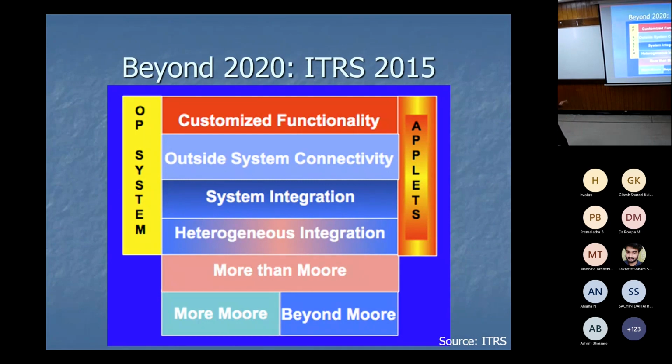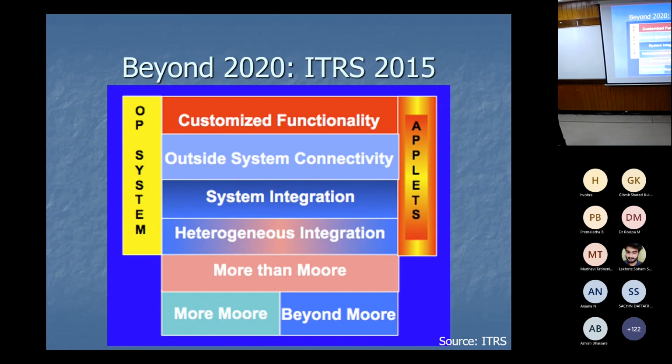Now, beyond 2020, again, the 2015 IRDS roadmap added one extra thing, which is the outside system connectivity. That helps us define another focus team which is working on connecting the heterogeneous systems, subsystems I would call them. Again, each subsystem has become a system itself when you compare it with the previous roadmap discussions.